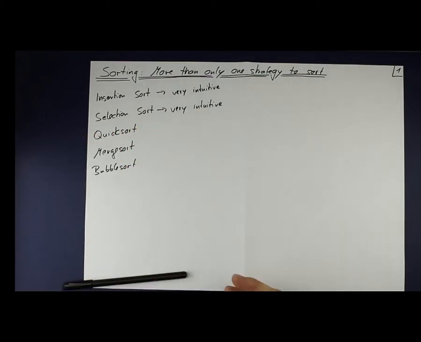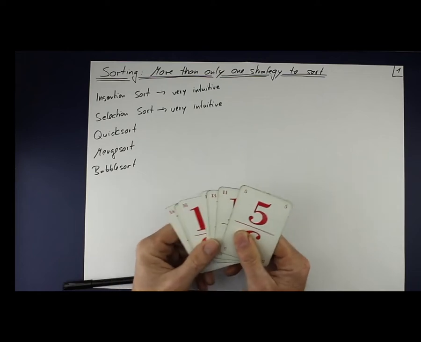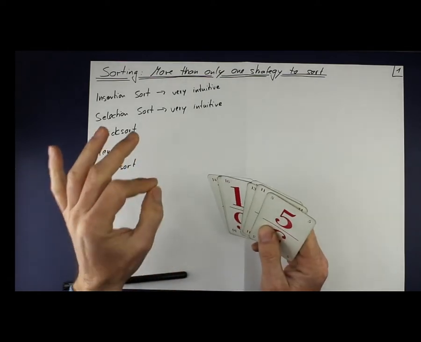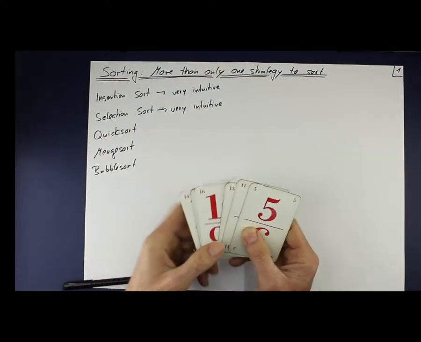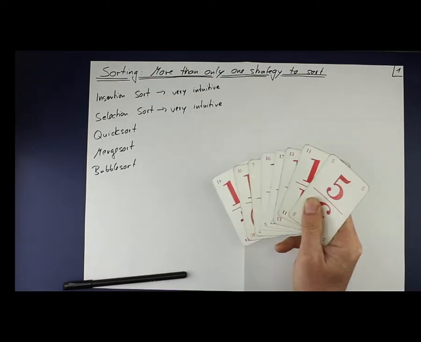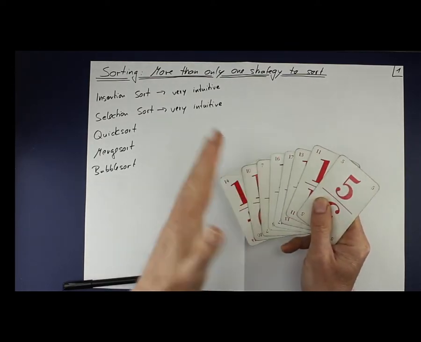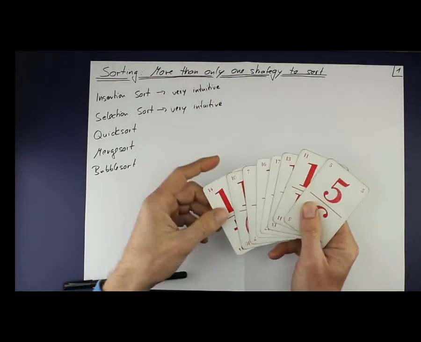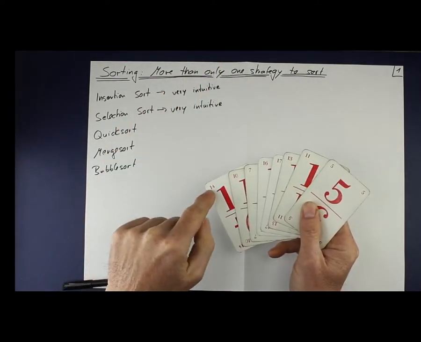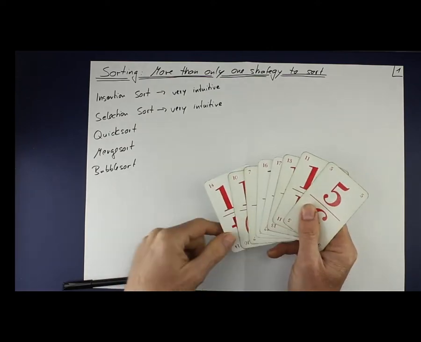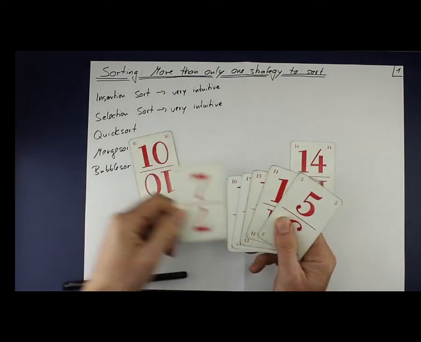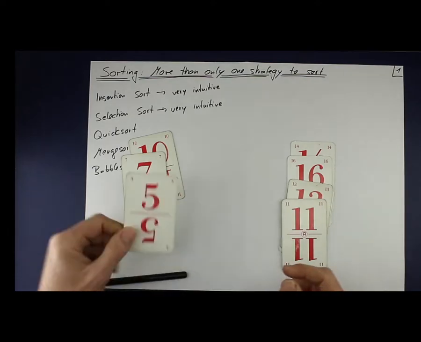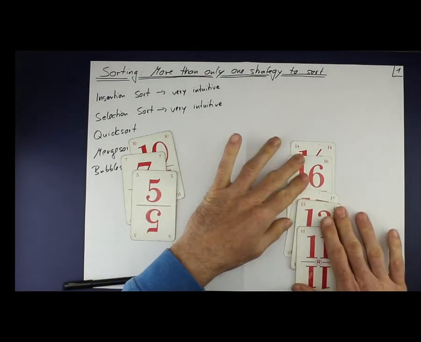And quicksort, the basic idea of quicksort is do pre-sorting. Maybe I have the idea, let's place all cards up to 10 to the left side and all cards above 10 to the right side. So this way. And now I have pre-sorted.